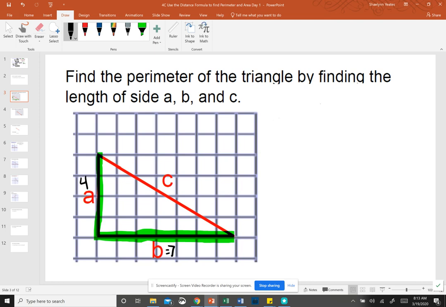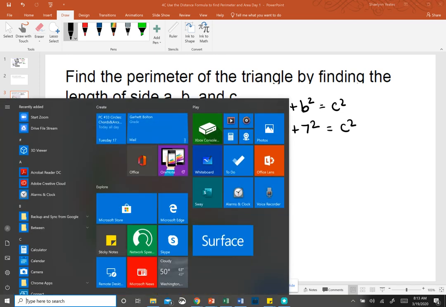Now we can find C using the Pythagorean theorem, which we know is a squared plus b squared equals c squared. And right now a, b, and c are in exactly the right spots. So we're going to do 4 squared plus 7 squared equals c squared. So I type into my handy dandy calculator, which I don't currently have on, so let's go find it.